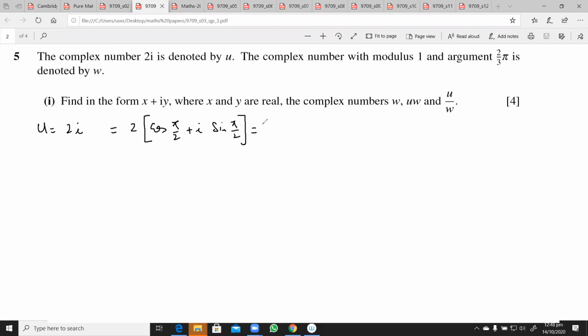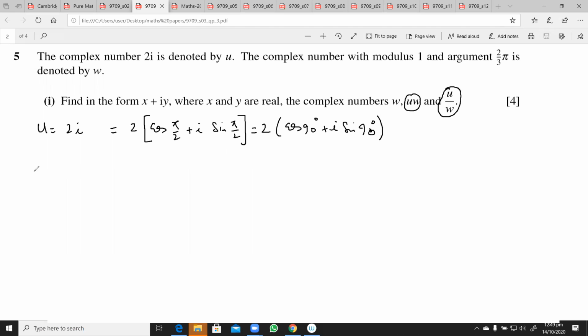Or I can even write it as 2(cos 90 + i sin 90). I'm writing it in polar form because I have to find uw and u over w, and you know that this can be done very quickly if your numbers are written in polar form.